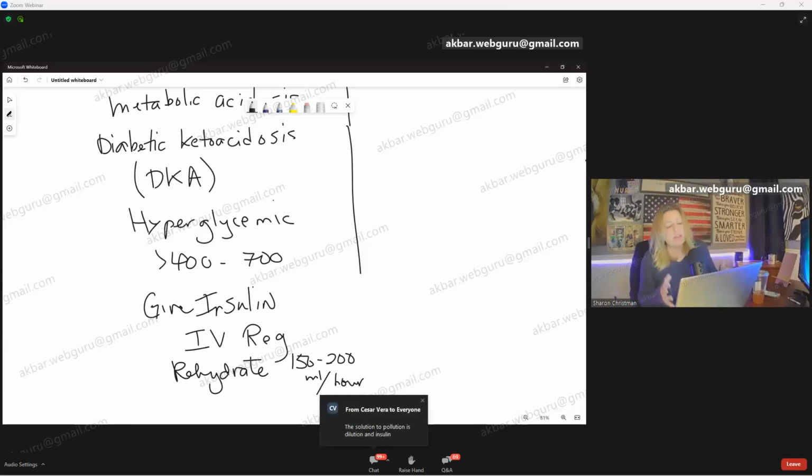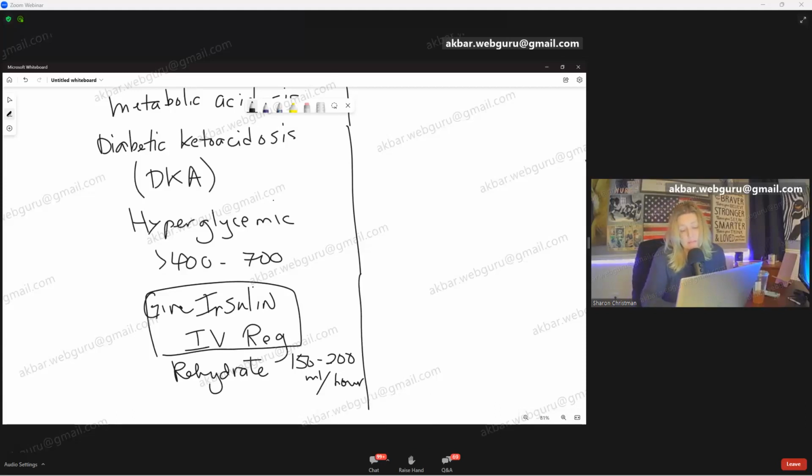Because they are dehydrated. But the primary thing, if we don't give them regular insulin, they're going to die. Like, I can rehydrate them all I want to, but if I don't give them regular insulin, they're going to die. They don't have any insulin. Or if, I should say, if I don't give them any insulin. All right, so we have to give them insulin.